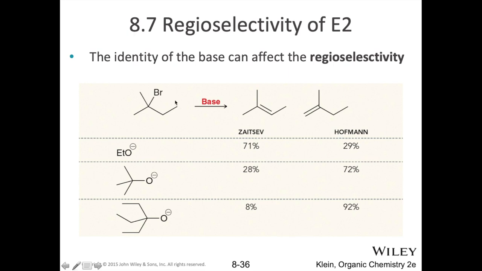Okay, so that's basically what it comes down to. Using a bulkier base kind of forces that less thermodynamically favored product, because it just has easier access to that beta carbon and therefore a lower energy transition state. But that being said, all other things being equal, a regular, smaller base would prefer the Zaitsev product because it's more thermodynamically stable.